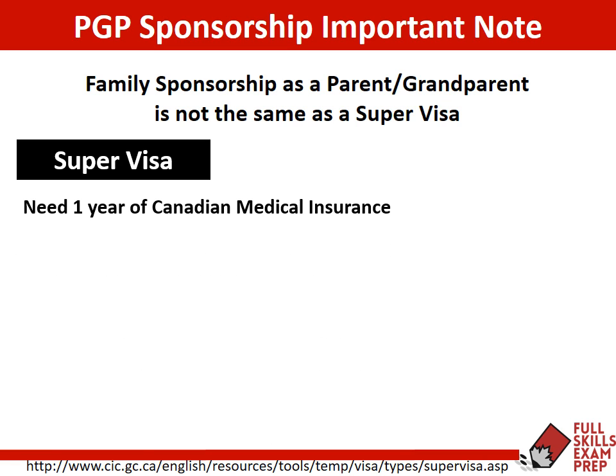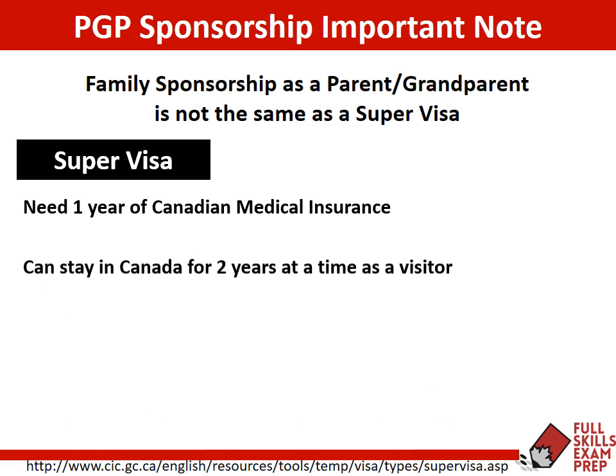With the super visa, we've got a big lesson on the super visa in case you haven't seen it, but they need Canadian medical insurance. But of course, a person who is immigrating to Canada as a permanent resident doesn't need private medical insurance, right? Because they would be Canadian, so it's part of being Canadian.